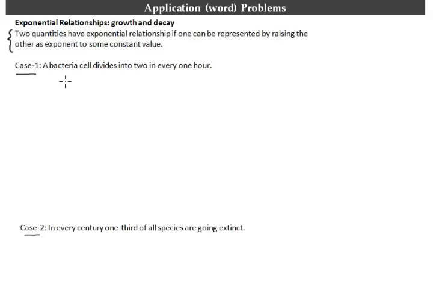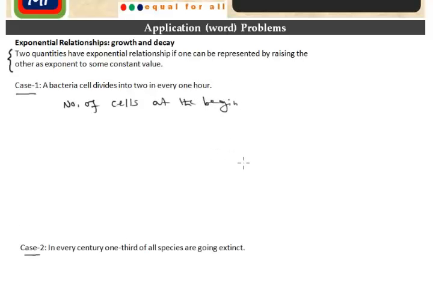Let us first start with the initial number, that is the number of cells at the beginning. Number of cells at the beginning is K.